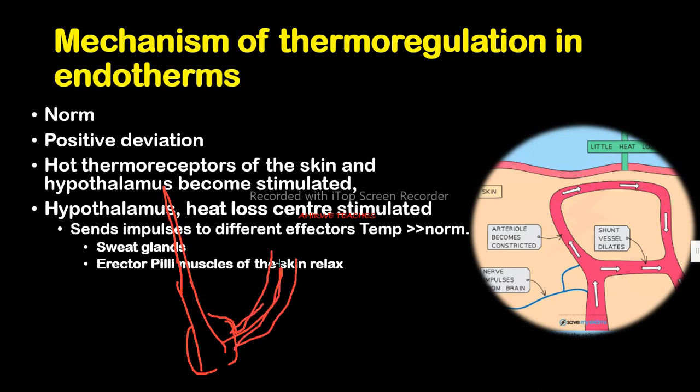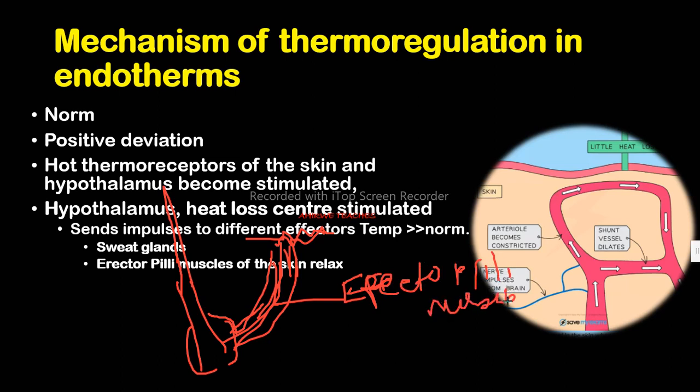You can fact check that. And this muscle is connected just here on the dermal papillae. It is this muscle that is known as the erector pili, or you can say pili muscle.